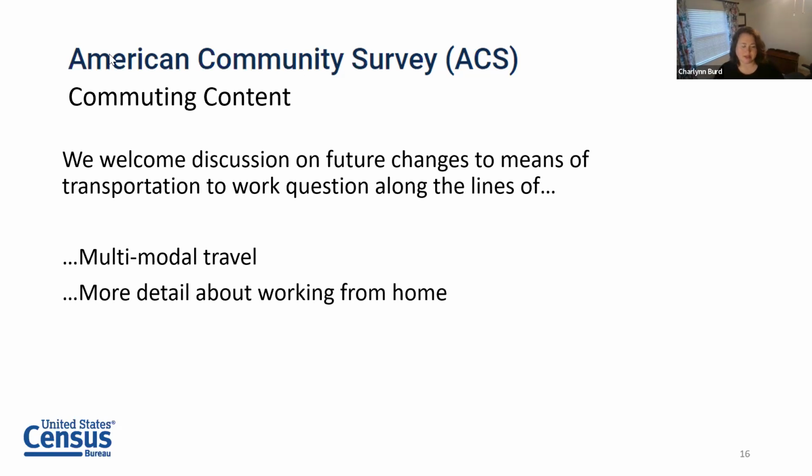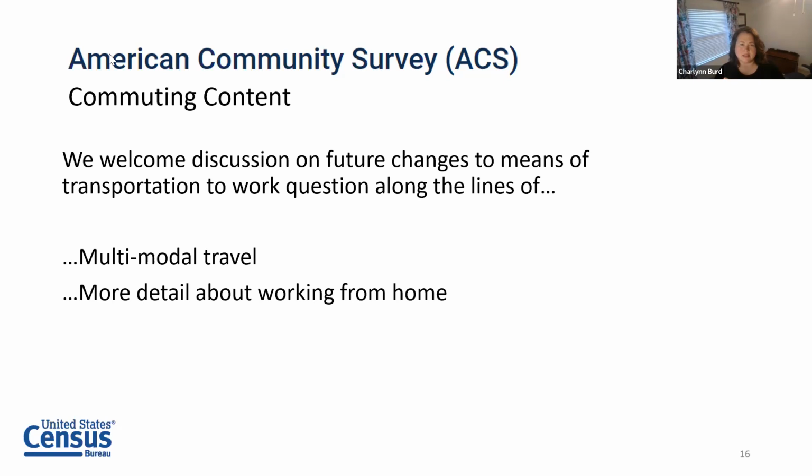We only collect a primary mode from their primary job. And one of the nuances in the question directions is that if they use multiple modes, they're instructed to use the one that has the greatest distance. So that's the filtering mechanism that a respondent has.